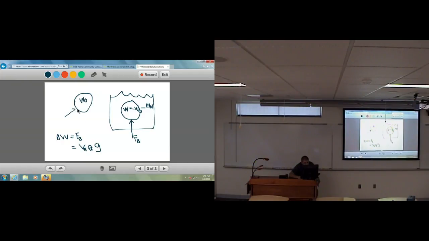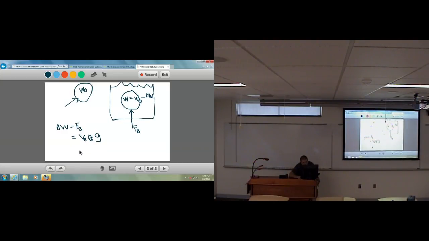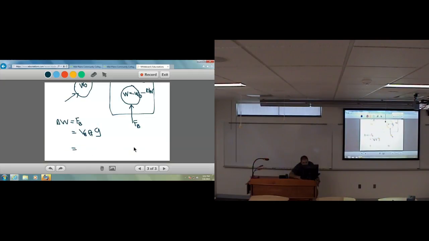Out here, the density of the body is one thing. In here, the density of the body is another thing. Remember that density is equal to mass divided by volume, right? And so volume is equal to mass divided by density. In place of volume here, we could put the mass of the body divided by the new density, the changed density of the body in the fluid.